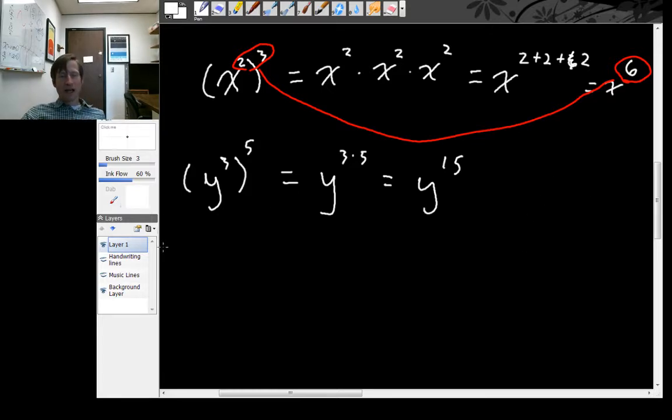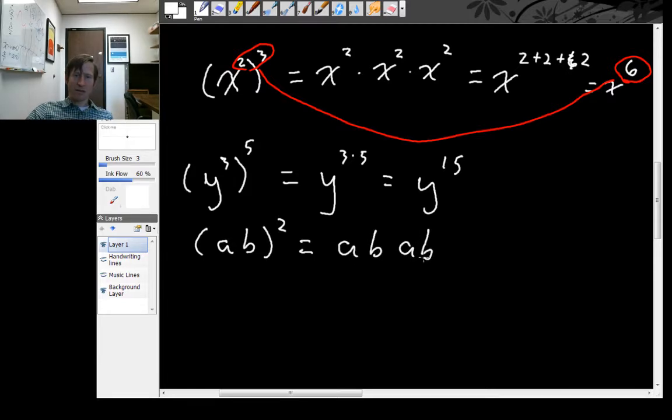One more exponent law that some people get confused about is this one. So if we have, say, a times b squared, this is a times b times a times b. But you can rearrange these to put the a's together. So it's a times a, and the b's together, b times b.